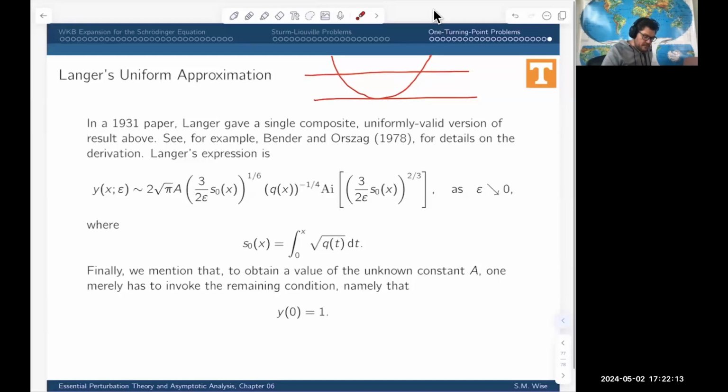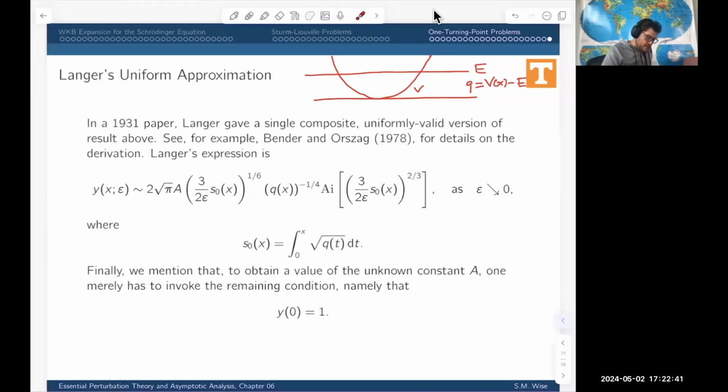You can see that if I just reorient my way of thinking, I can think about this as my Q function. So precisely, Q is going to be defined as V of x minus E. If this is E and this is V here, then this Q actually has two turning points, one here where it crosses the x-axis and one here where it crosses the x-axis.